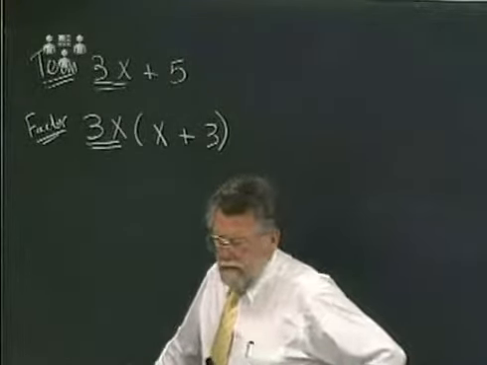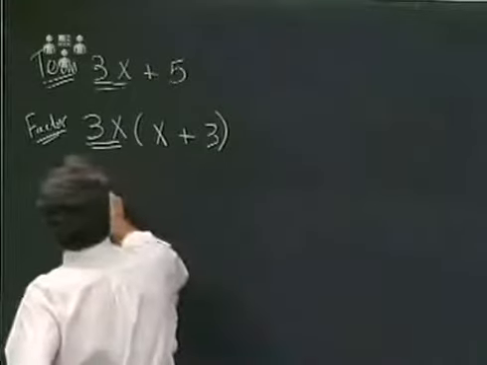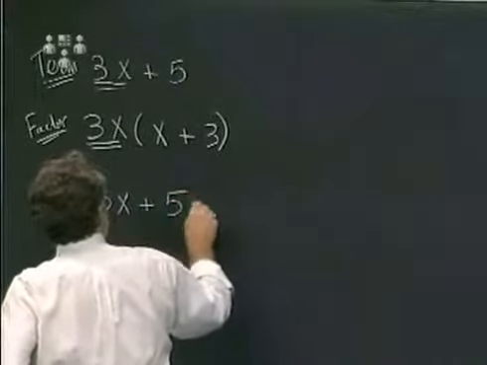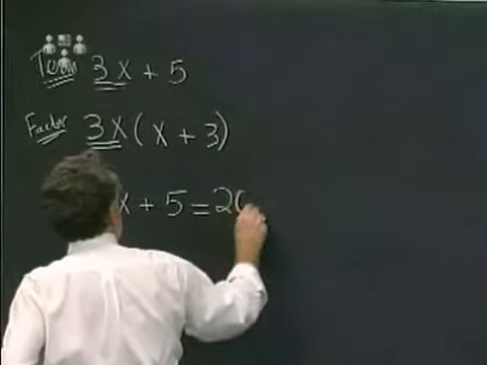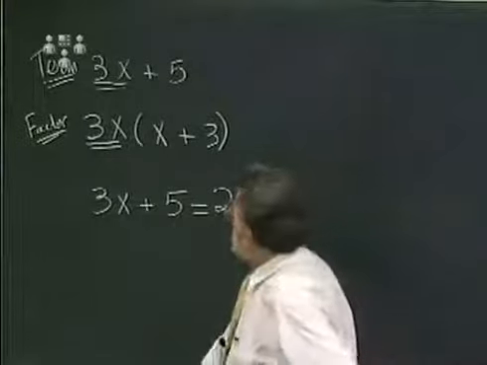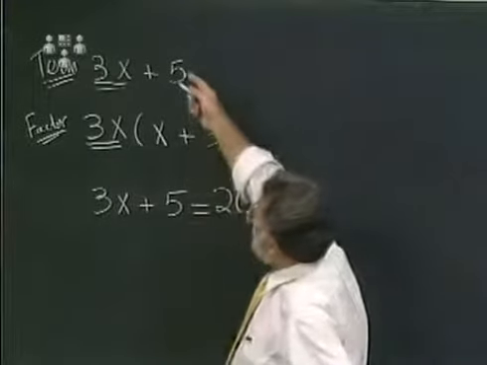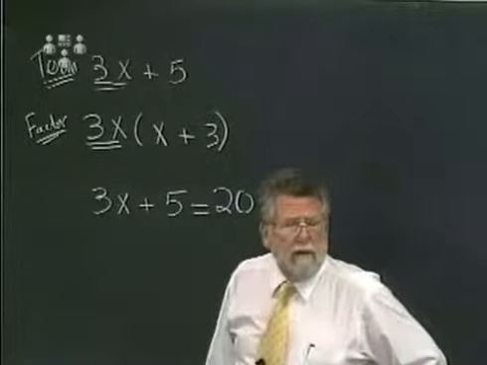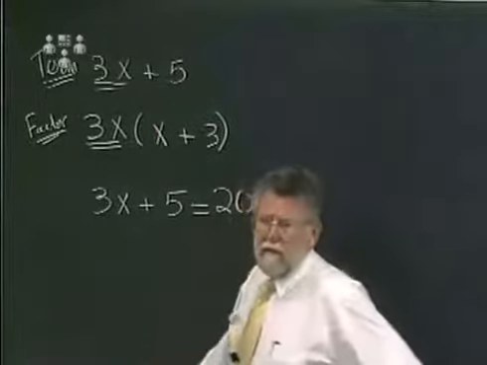So for example, if I have 3x plus 5 is equal to 20, that becomes an equation because we have an equal sign. This was an expression. What's the distinguishing difference? The equal sign.